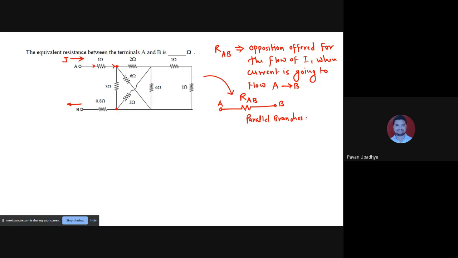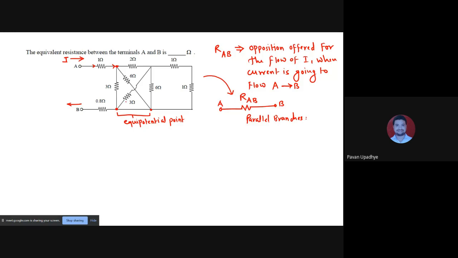And the other branch, 6 ohm, has got the other end at this point. Now if you look at these 2 points carefully, these are equipotential points. Equipotential points are those points between which there is no other element, neither a battery nor any resistor, inductor or capacitor.